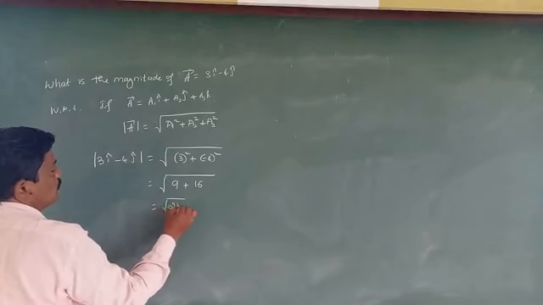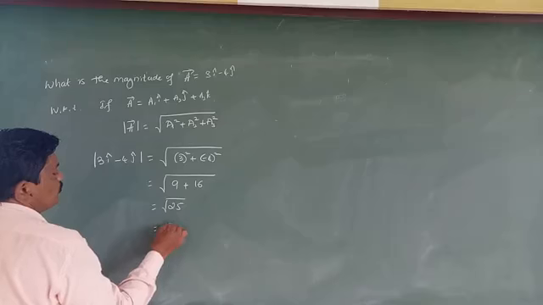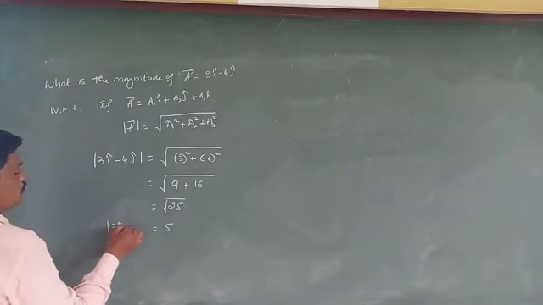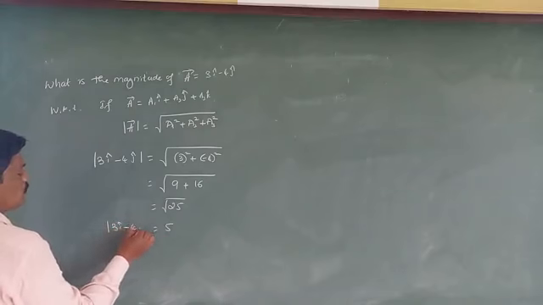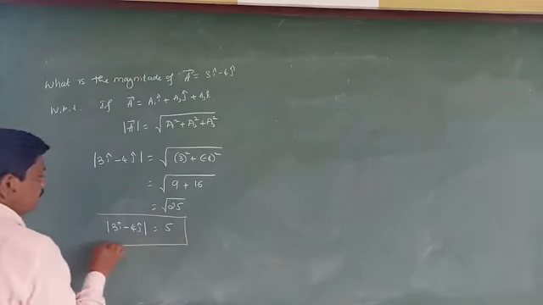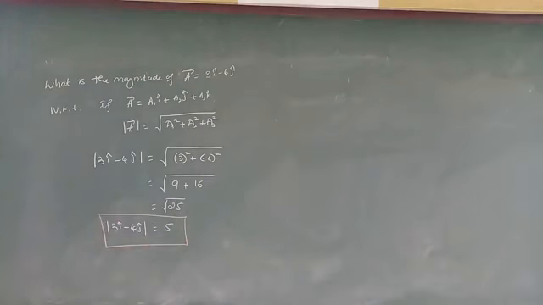So we get 25, so 5. The magnitude of 3 i cap minus 4 j cap is 5. Clear? Note this down.